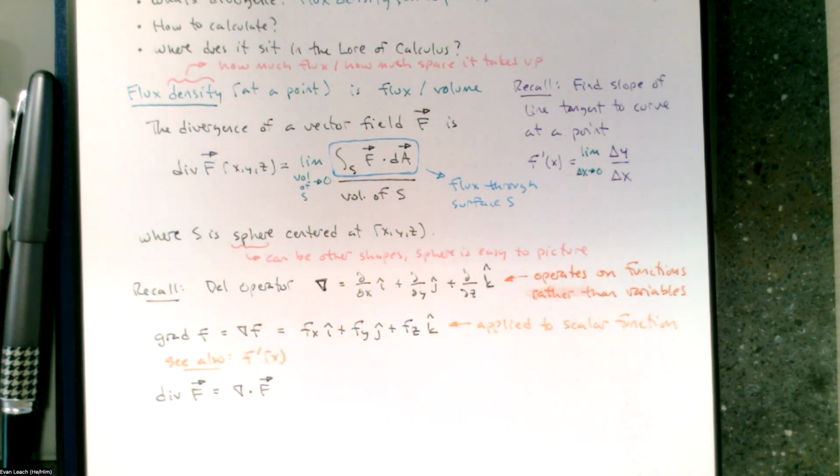The divergence is the dot product of the del operator and the vector field. So if I hand you a vector field and ask you for the divergence, this is how we will do it.